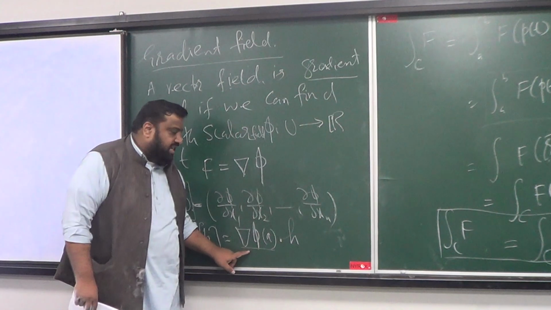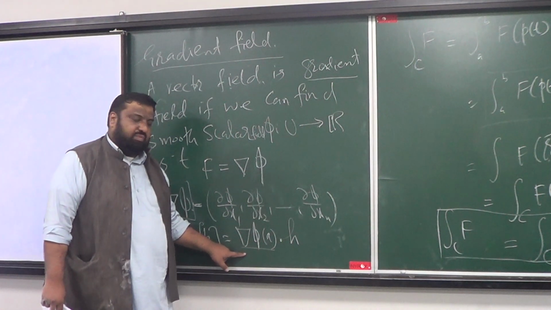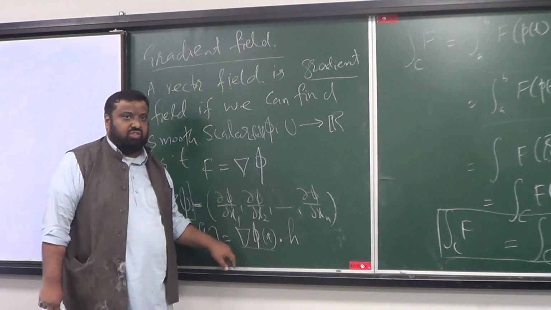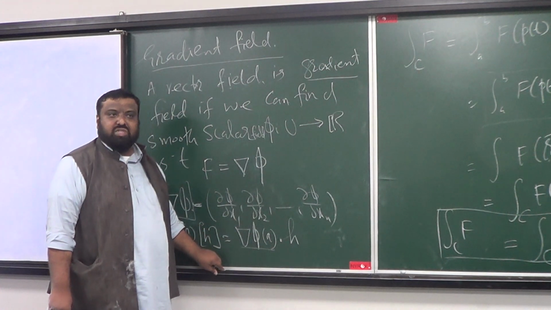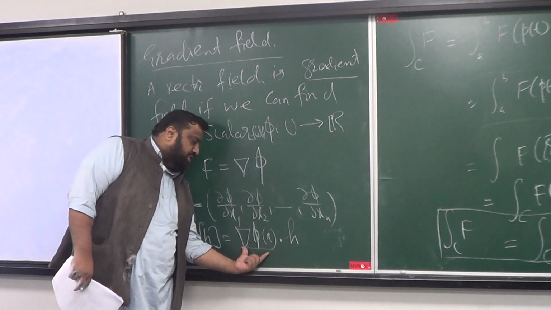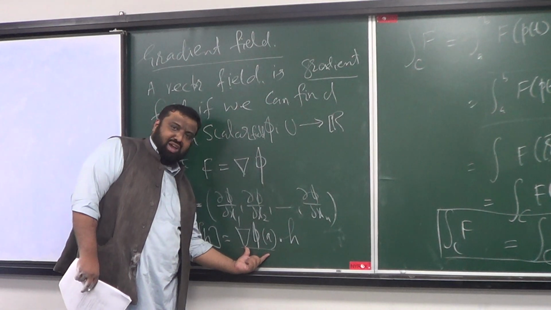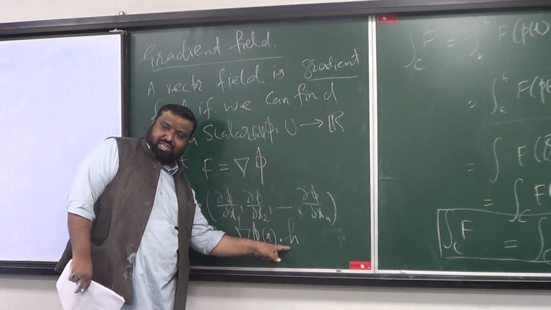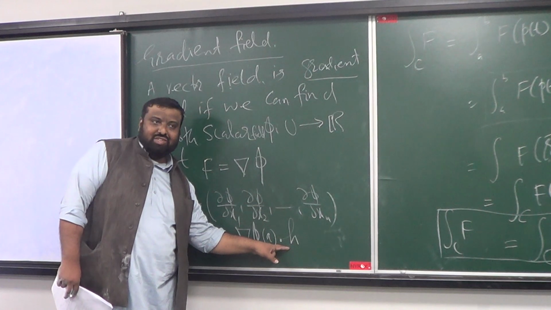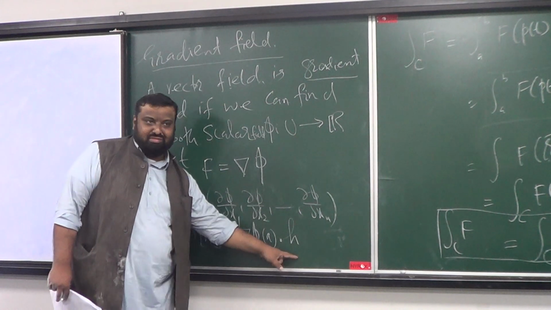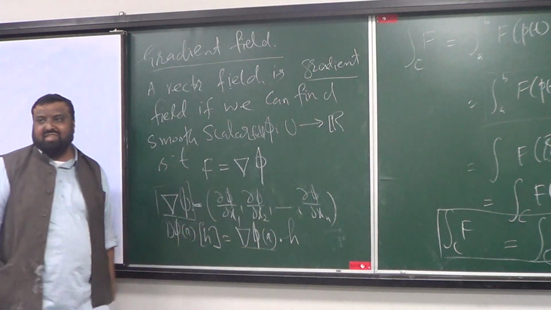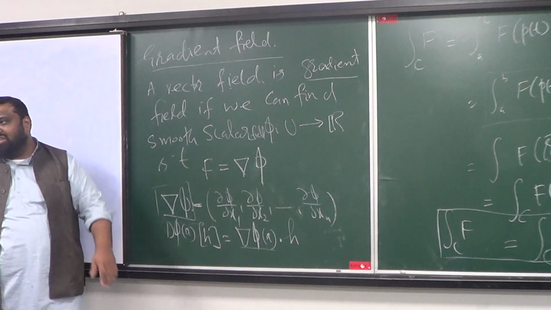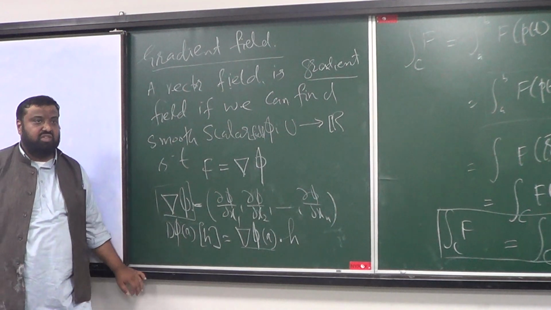But now I'm taking the dot product of this with a particular vector h. So in other words, I'm saying how much of the change in the phi is happening in the direction of the h. So that's like a directional derivative. You can also interpret it as computing the directional derivative in the direction of the h.